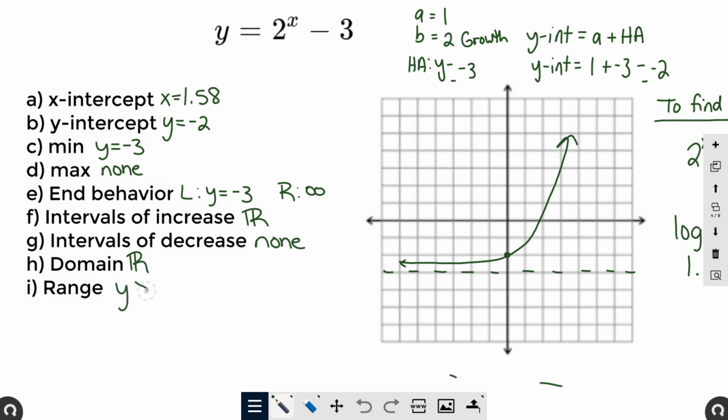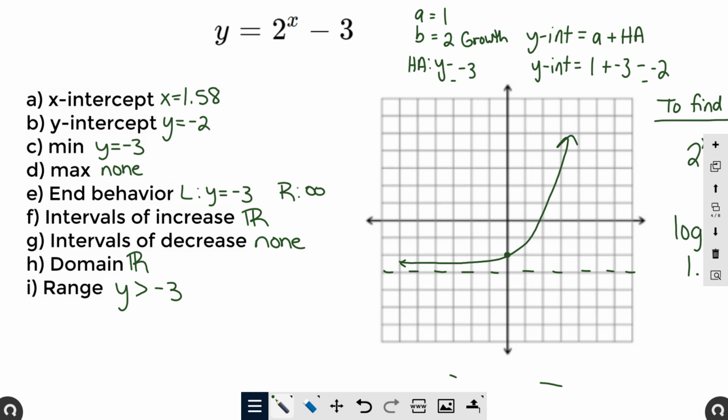The range would be y is greater than what? -3. So if you notice, a lot of this stuff from C down to letter I is looking at the HA, right? Where does it level off at? At -3. Where's the minimum? -3. Where's the range? -3.